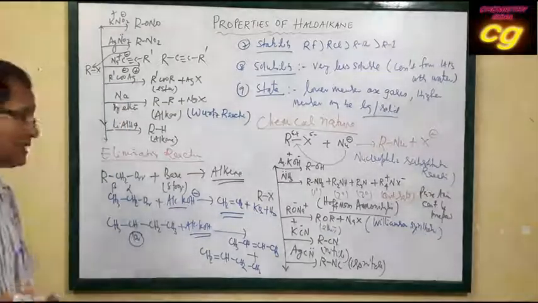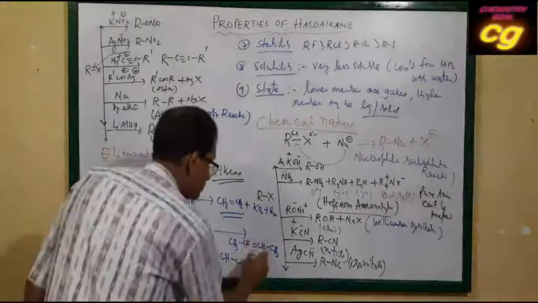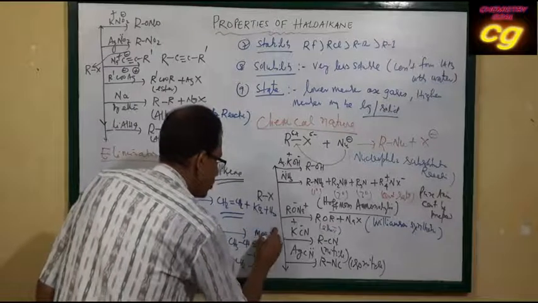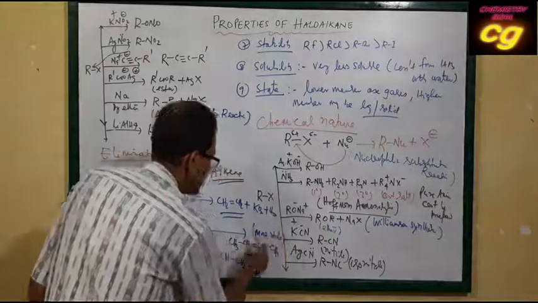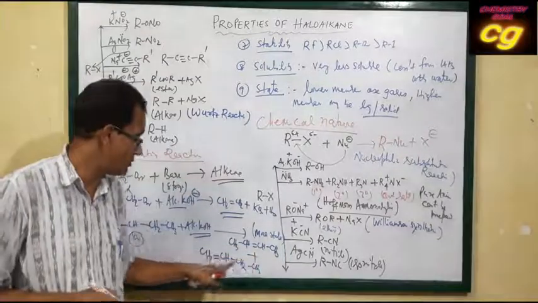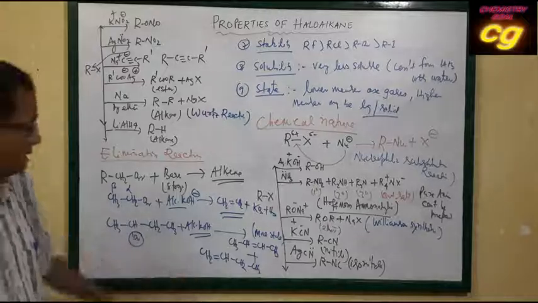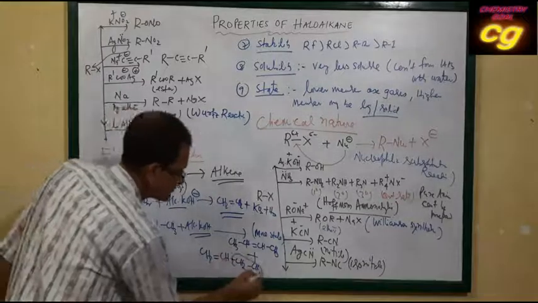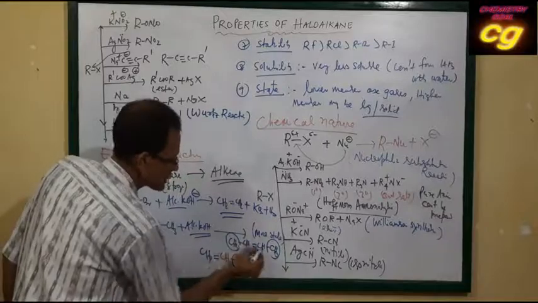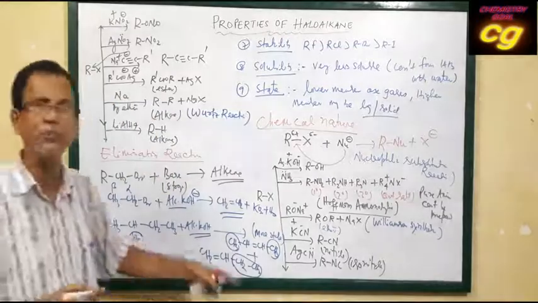But it is observed that this one is more stable. This is called 2-butene. This is the major product, more stable, because a more substituted alkene is more stable than a less substituted alkene. Here there is one alkyl group, and here there are two across the carbon-carbon double bond. We know hyperconjugation.